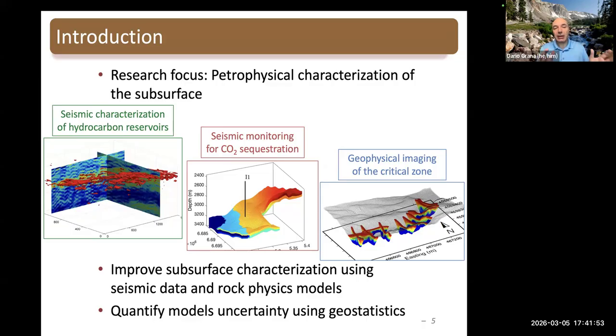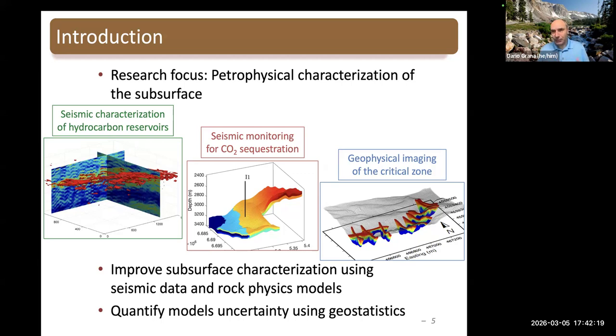So the common theme in these applications is to improve the subsurface characterization using seismic data or geophysical data in general, and rock physics models. And we're going to see in this lecture how we can combine the data that we measure to the physics that we developed. But one of the key features of my research is that in addition to making predictions about the subsurface or building models, we also want to quantify the uncertainty in these models.